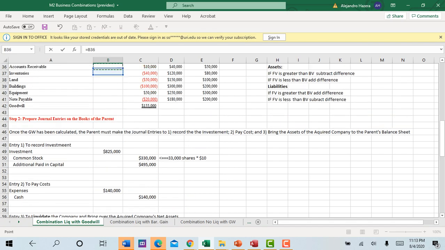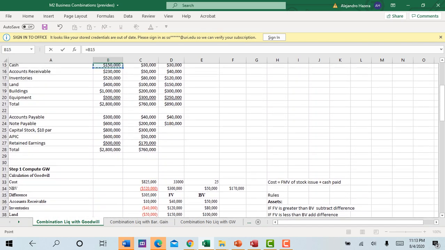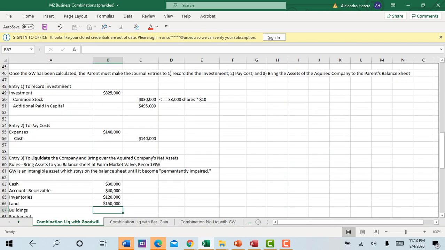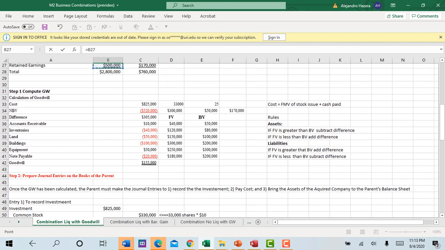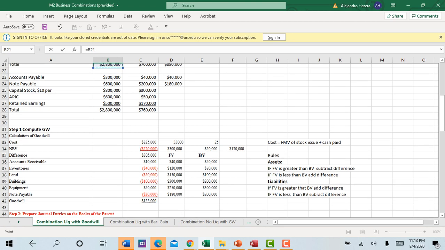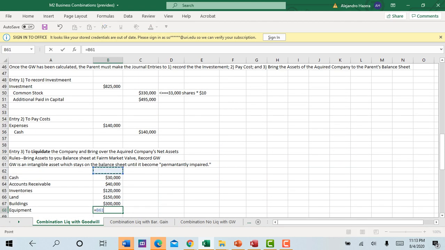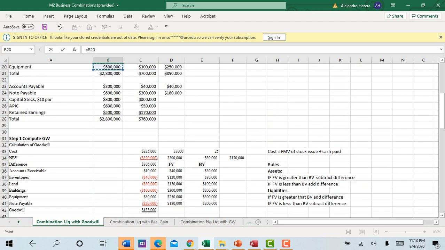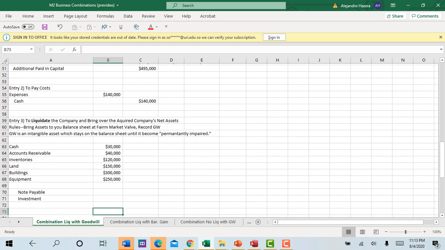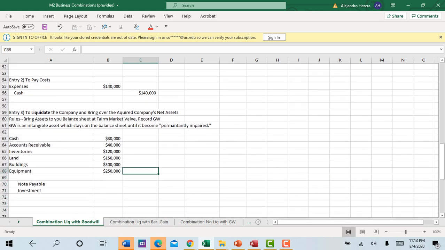Land has a fair market value of 150. Buildings has a fair market value of 300. Equipment has a fair market value of 250. Now, those are debits.